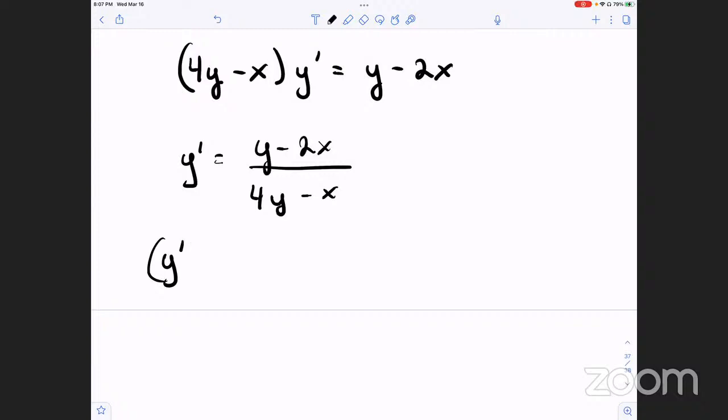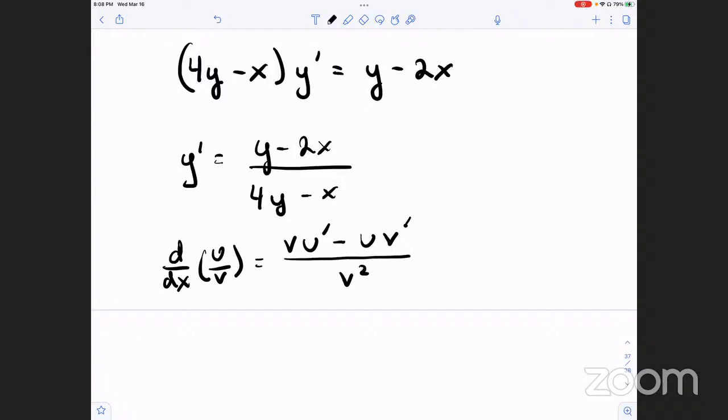So when we go to find d by dx of y prime, we do d by dx of u over v, because we're using the quotient rule. Low d high: the bottom times the derivative of the top, minus the top times the derivative of the bottom, over the bottom squared.